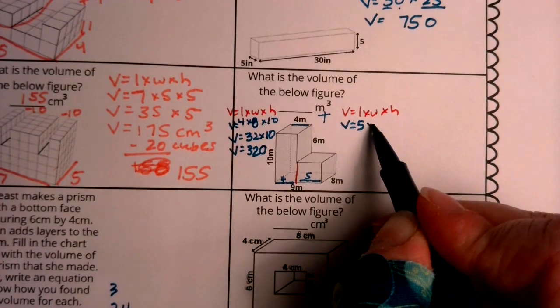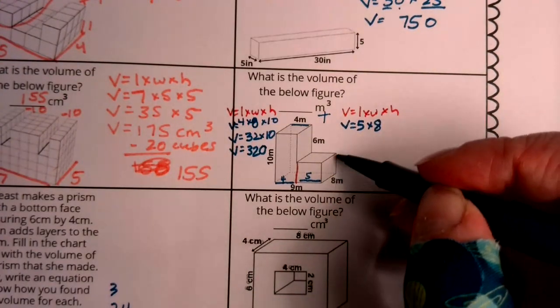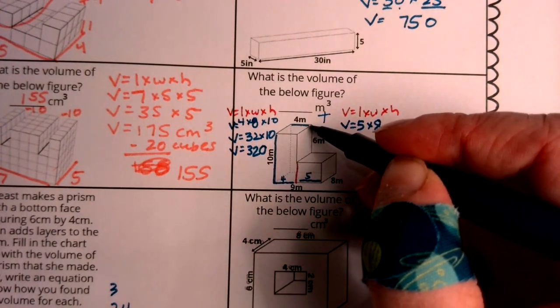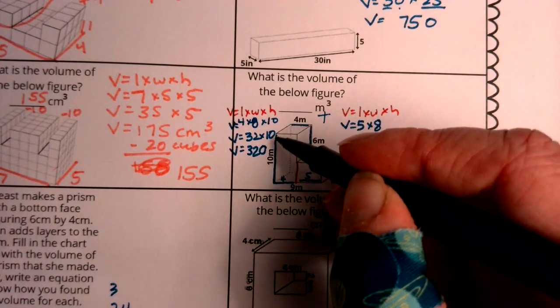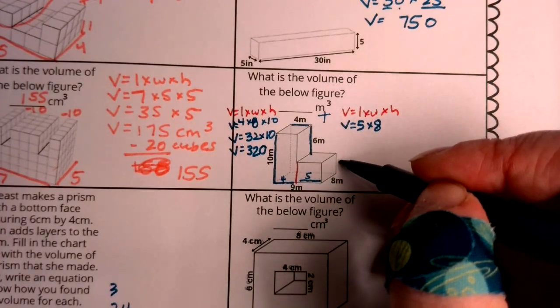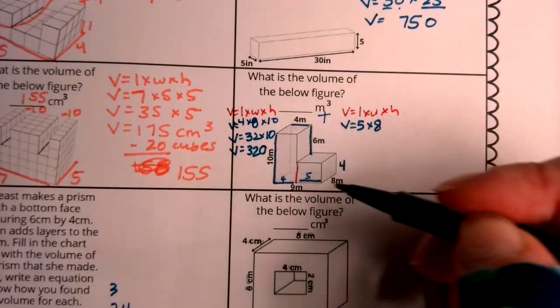I know that the width of this prism and the other was 8, and I'm looking for what the height is. Now, the height of the whole thing was 10, and I know that the height of this side was 6, so I know that this has to be 4, because 4 plus 6 equals 10.